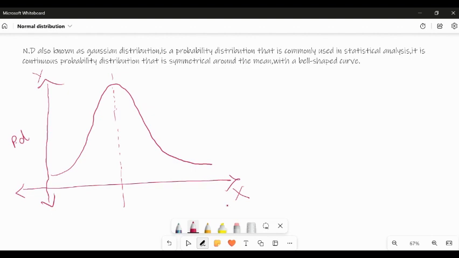I will come across the properties later, but still I will say the mean, the median and the mode will be the same, not almost the same, but the same. If they are the same, then it's called a normal distribution. To check whether the distribution is following normal or not, there are various kinds of plots. The first one is plotting a histogram.